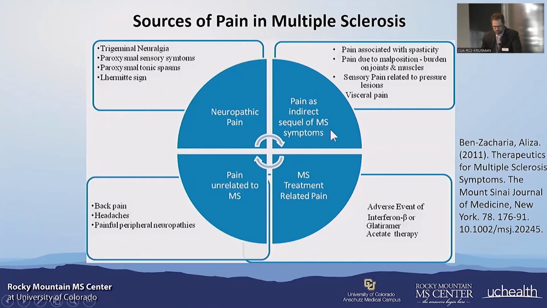Pain can also result indirectly or secondarily from other MS symptoms, most notably from spasticity. That's another common symptom we'll talk about in a bit.